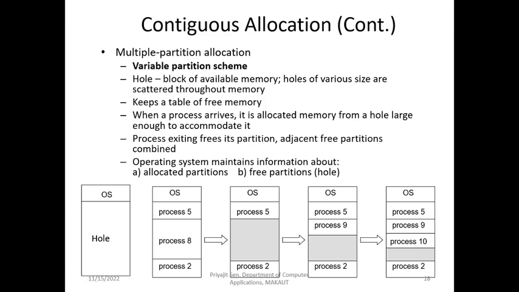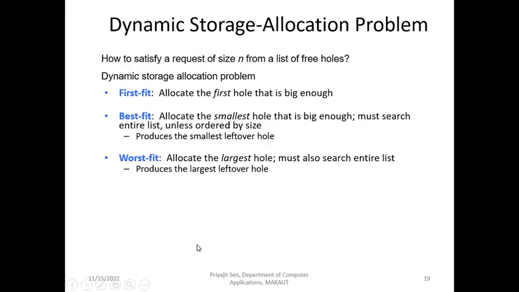If you have variable, or multiple, partitions, then only you can do this. If you have fixed size partitions, this will not be allowed. The free partitions are known as holes, and allocated partitions are the ones shown here.